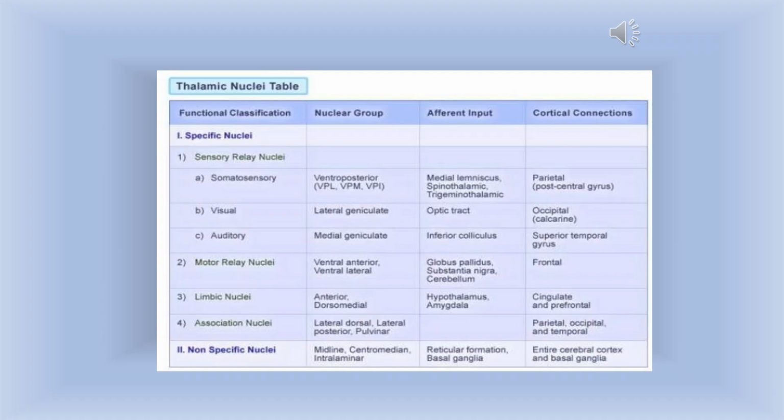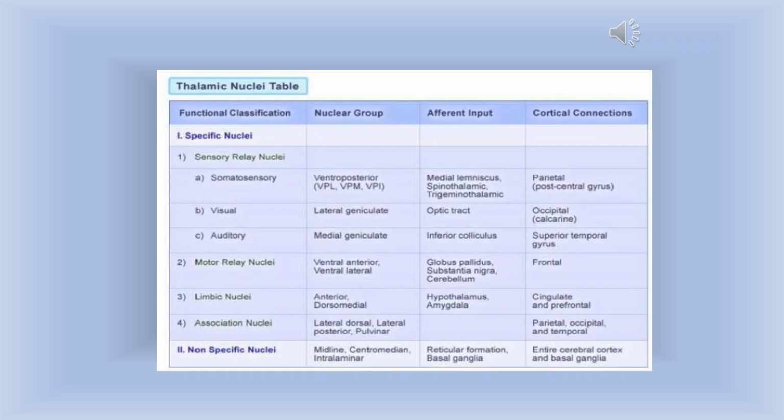So those are the sensory relay nuclei, the switchboard function of the thalamus, directing sensory signals to the appropriate area of the cerebral cortex. Number 2 there, the motor relay nuclei. What I mentioned on the previous slide is that many of these thalamic nuclei are involved in influencing the motor pathways.